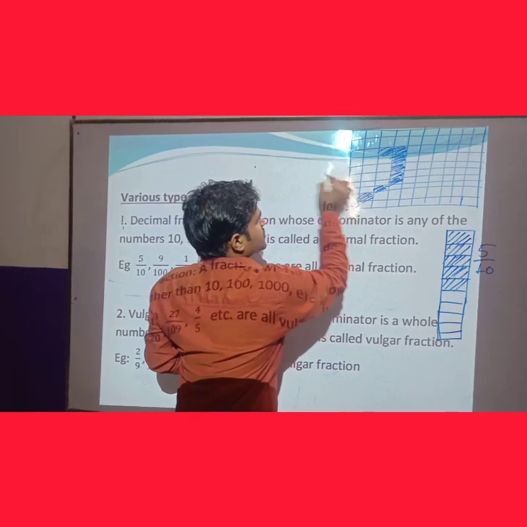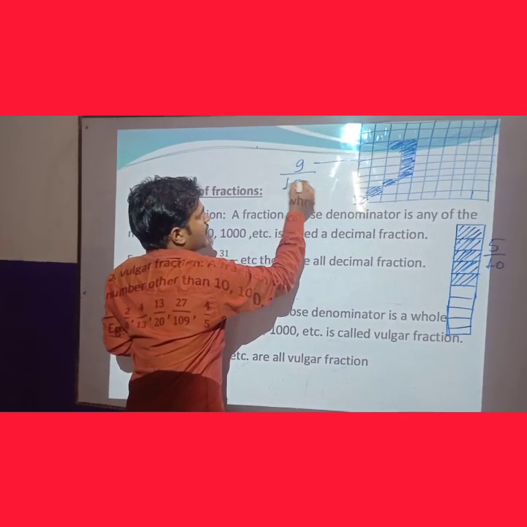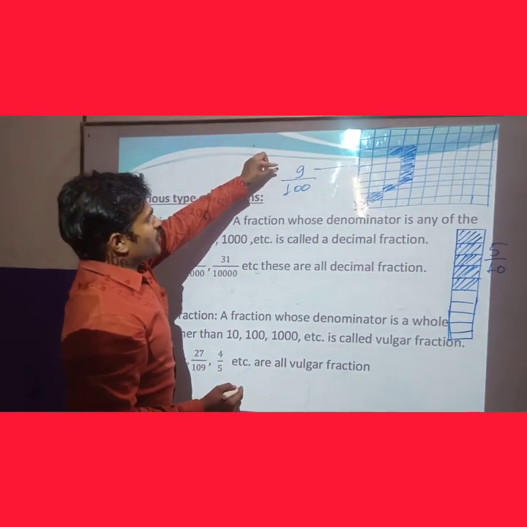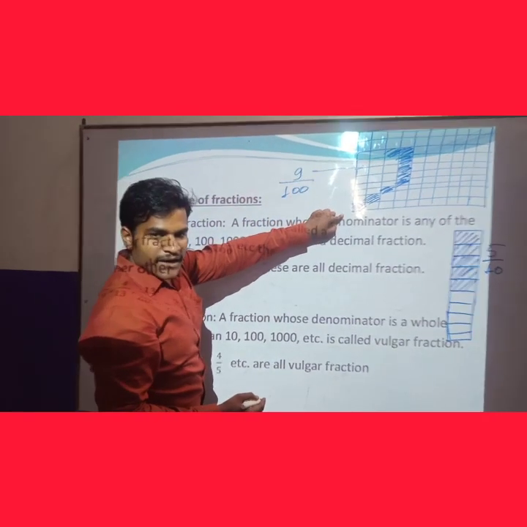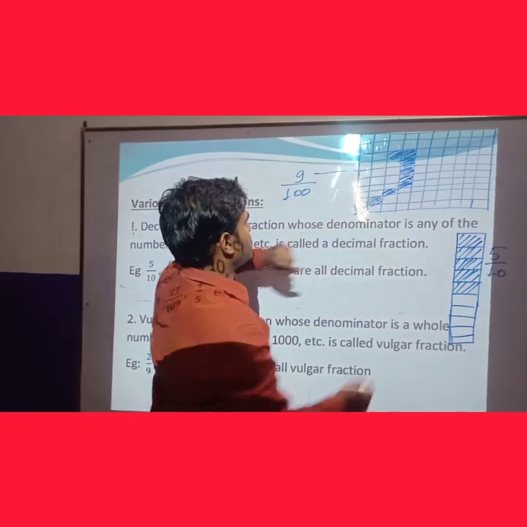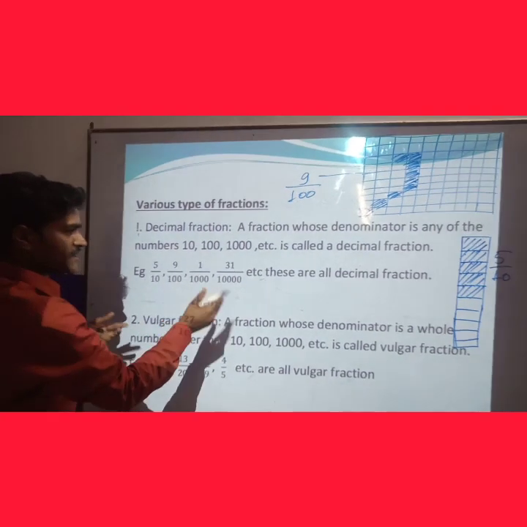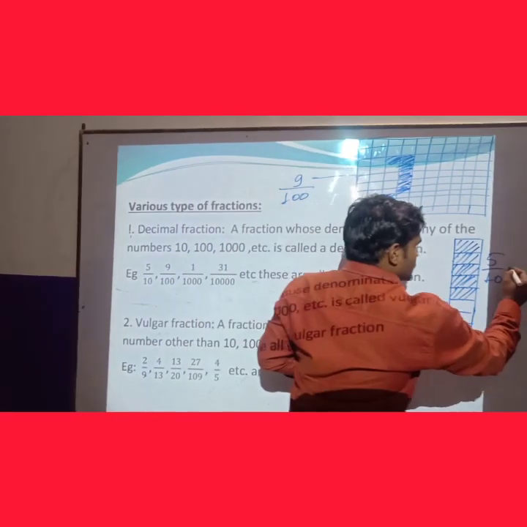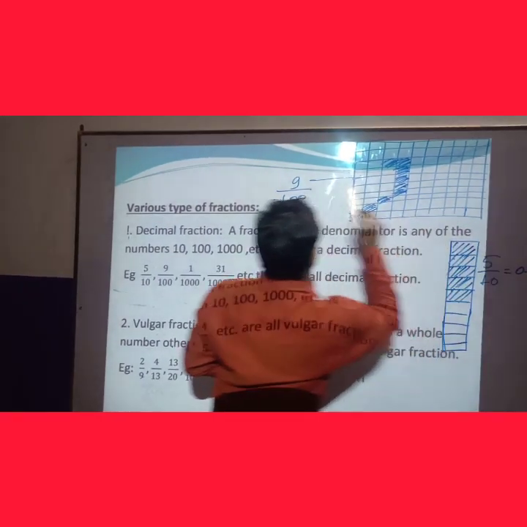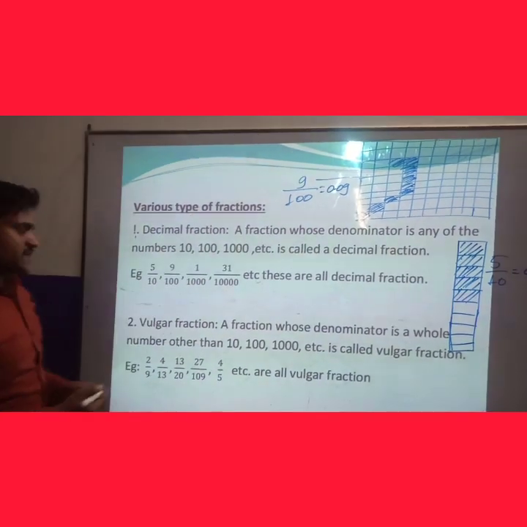So this shaded part shows 9/100. It means 9 boxes are shaded out of 100. So this is also a decimal fraction. Why is this a decimal fraction? We can easily write it in decimal form as 0.5 and 0.09. So this is a decimal fraction.